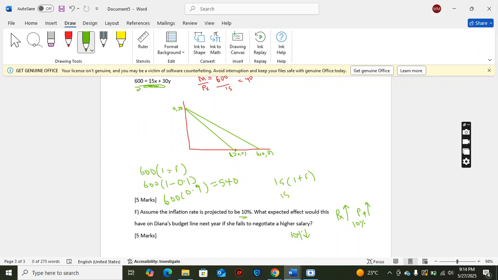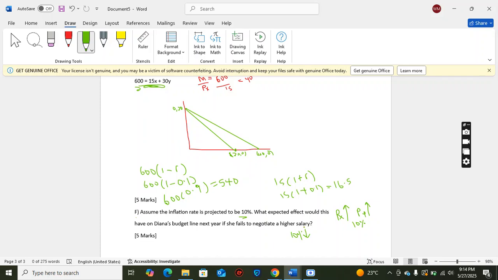When it's decreasing, it's minus R; when it's increasing, it's plus R. Here R is 0.1, so 1.1 times 15 is 16.5 kwacha. That's how much bread is now.